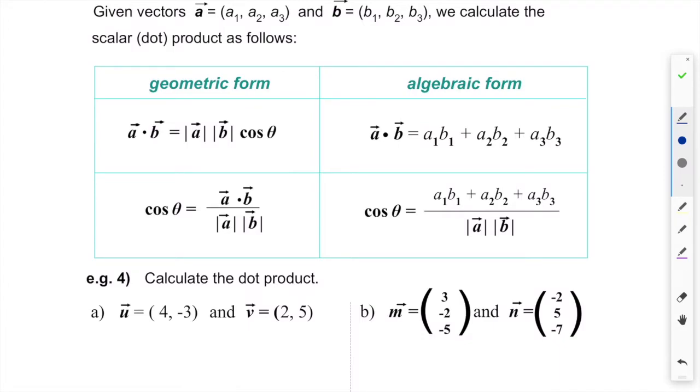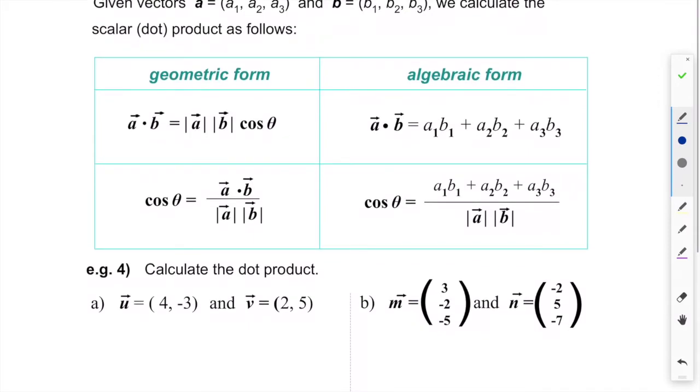In the chart, I'm comparing the dot product calculations for geometric form, which we just saw, to algebraic form. If I have 2 algebraic vectors a and b, we indicate the x components using subscript 1, y components using subscript 2, and z components using subscript 3.